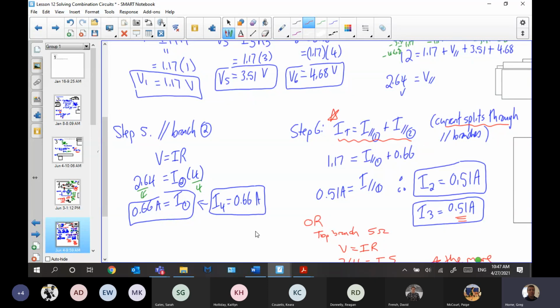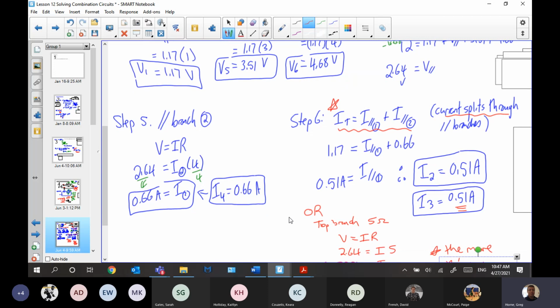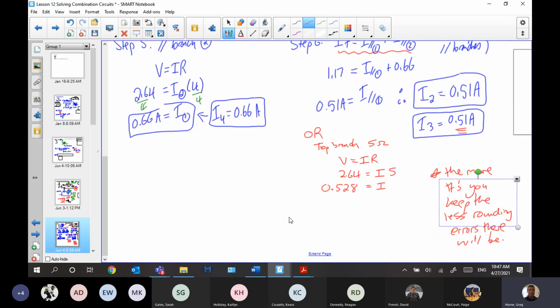My 2.64, even in the first place, I might have had more decimals, and then when I divide by 4, I might have had more decimals on the 0.66. So it's okay to have little rounding errors. Basically at this point it's approximately half an amp, and this is still basically half an amp. And this is basically 0.7 of an amp or something, you know what I mean? There are some rounding errors, and that's okay.